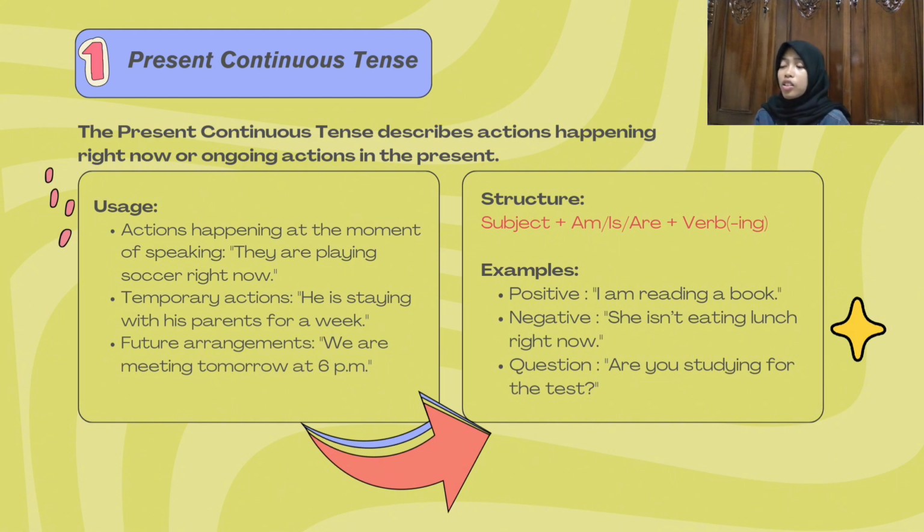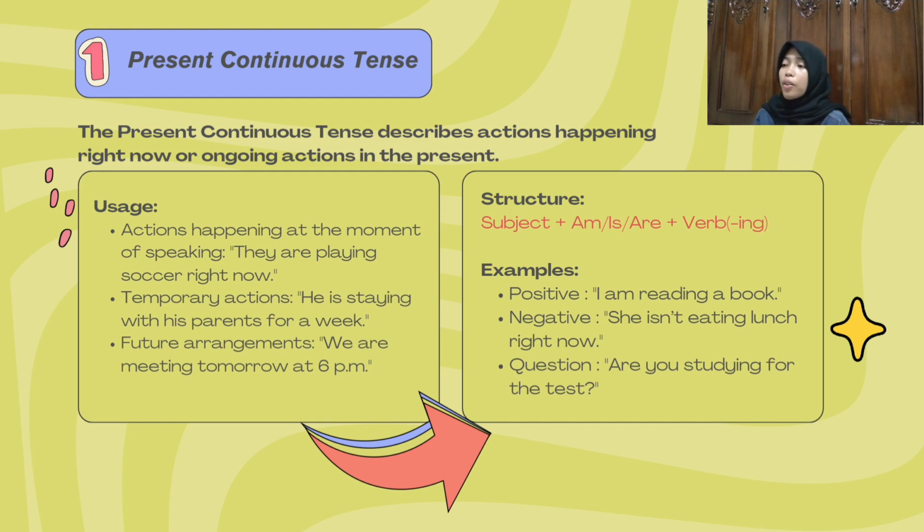The usage is for action happening at the moment of speaking. Example, they are playing soccer right now. And for temporary actions, example, he is staying with his parents for a week. And then for future arrangement, example, we are meeting tomorrow at 6 p.m.